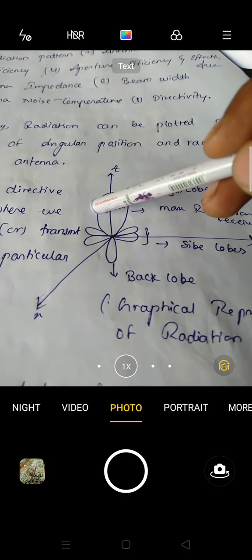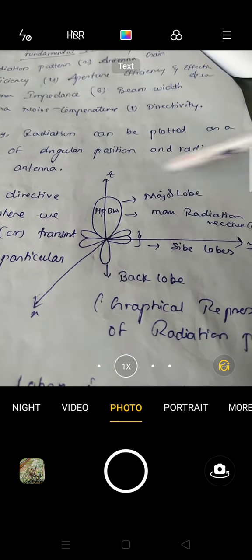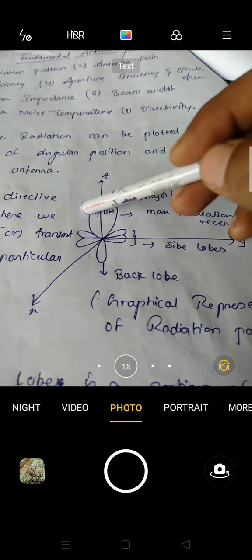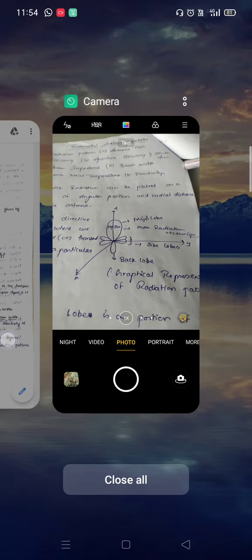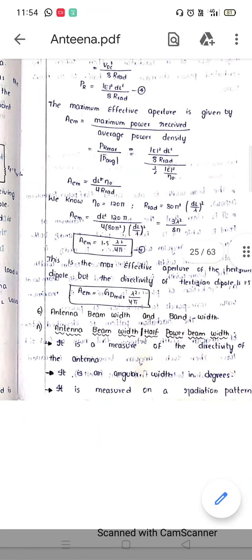This is the distance across the major lobe of the radiation. So antenna beam width, or half power beam width.